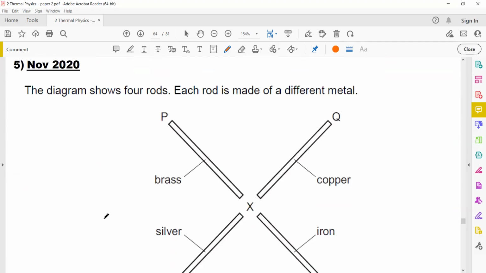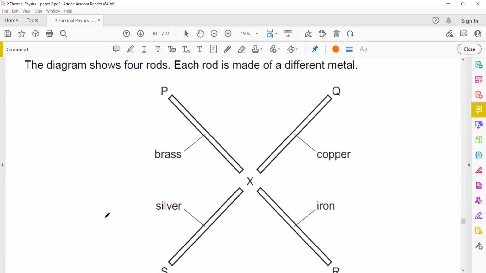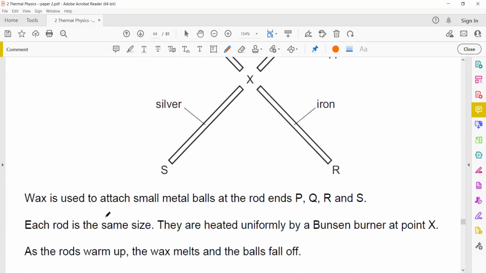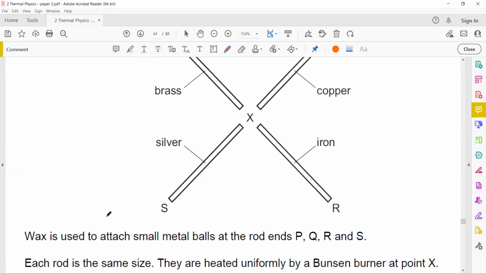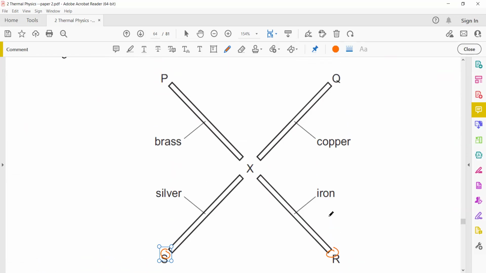Question number 5, the diagram shows 4 rods, each made of a different metal: P, Q, R, S. Wax is used to attach a small metal ball at the end of P, Q, and S. So at each rod, we have a metal ball stuck with wax.